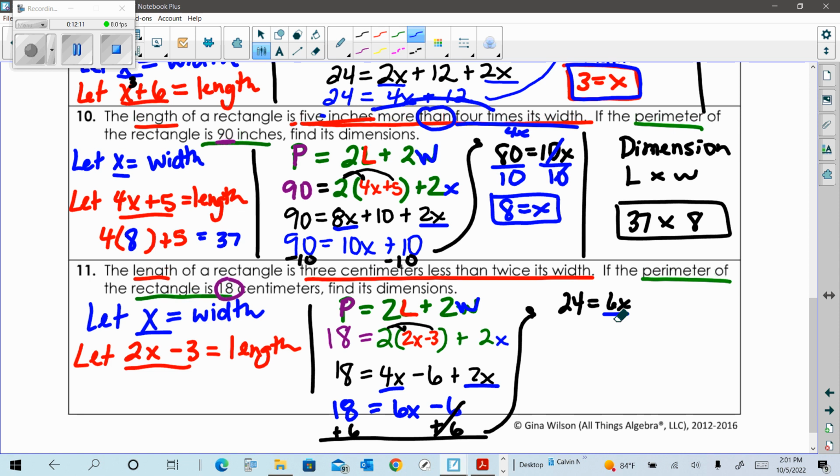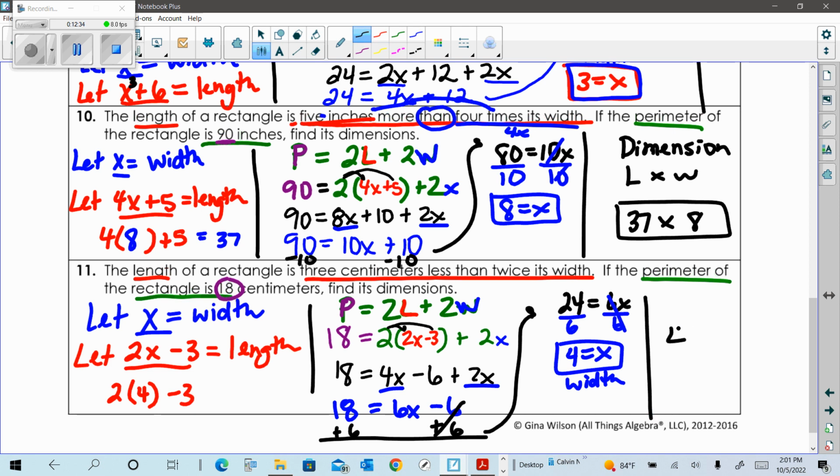And then if we divide by the coefficient of 6, the number in front of the variable, we get 4 equals x. So that represents the width. So all we have to do now is plug it back in, 2 times 4 minus 3, to get our length. Our dimensions here should be a 4 by 5. I think it comes out there, yeah. 4 by 5.